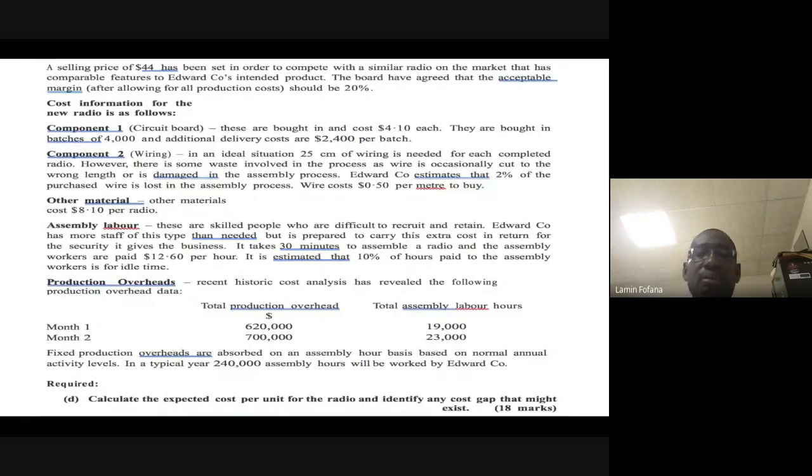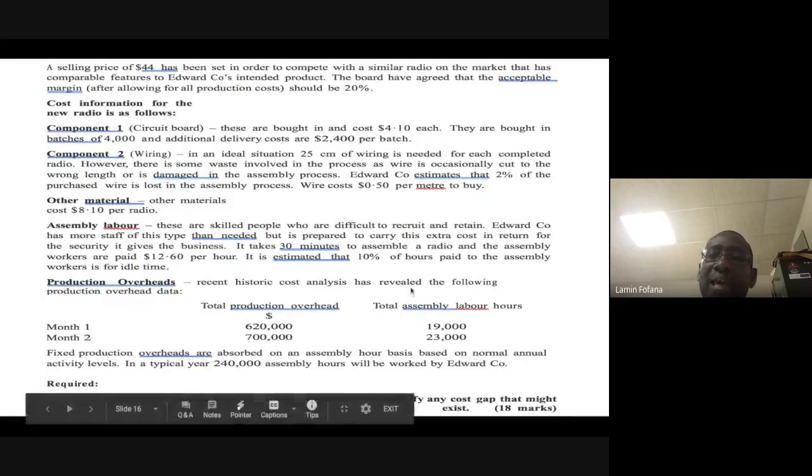In the high-low method, you always look for the highest activity level and the lowest activity level. You look at the highest activity level and its corresponding total production overhead, and the lowest activity level and its corresponding total production overhead. Then you deduct the two activity levels, just like you deduct the two production overheads, the highest and the lowest. That's why they call it high-low, but it's always based on the activity level.